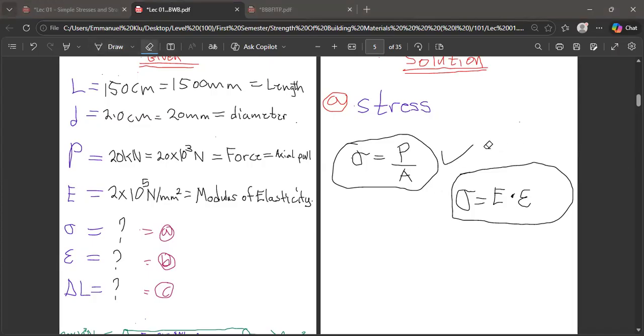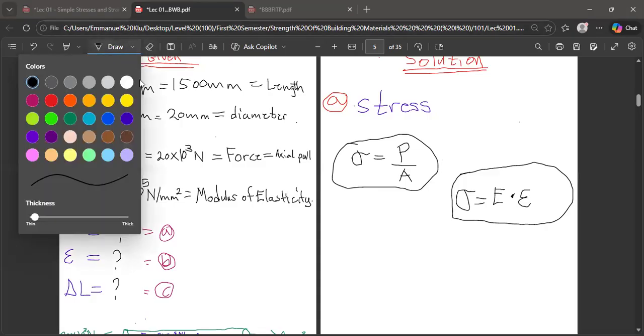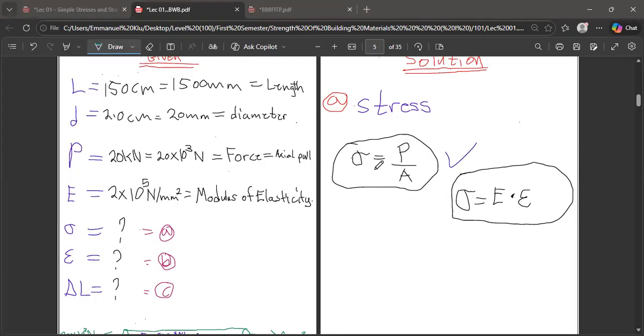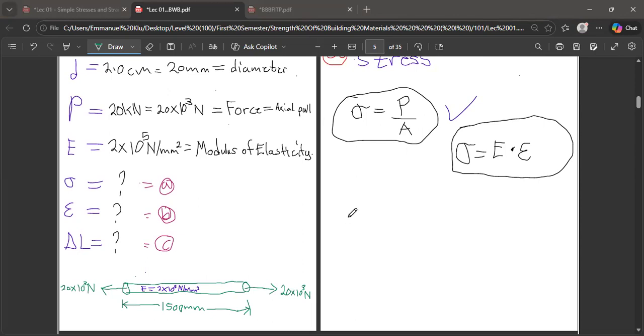That is how we are going to be applying the rules. So we are actually adopting stress is equal to P over A. This becomes the formula we have adopted to solve our question. Now we can proceed.